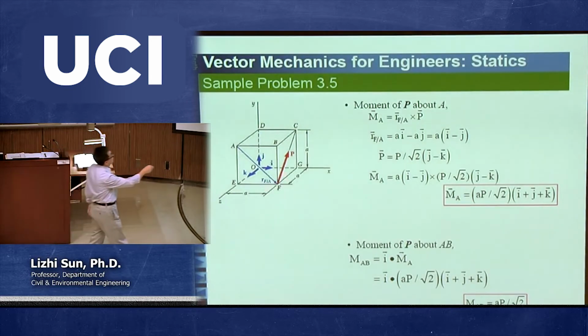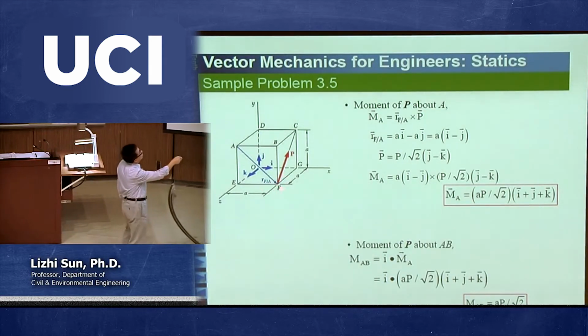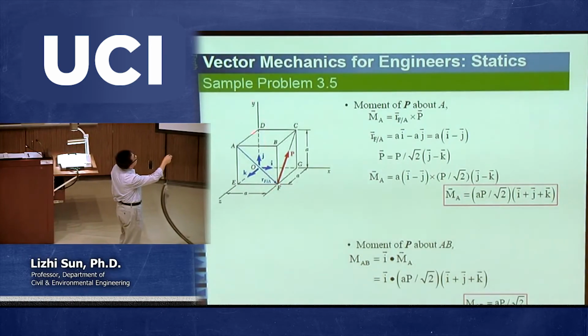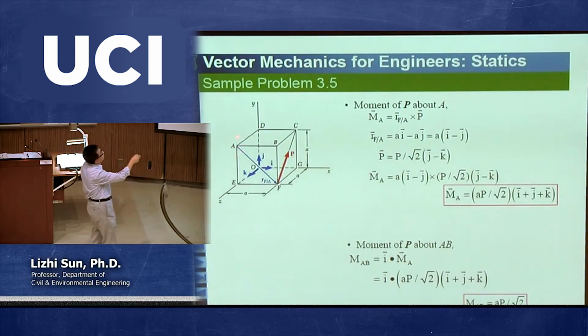So what are the three components of point F? The three components of point F are a, 0, a. What are the three components of point A? There's no x component. That's 0, a, a. So a, 0, a, subtract 0, a, a.